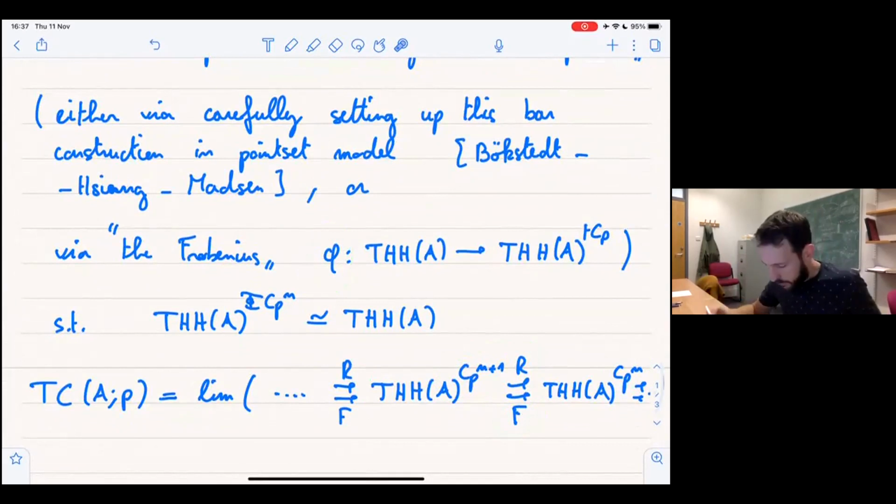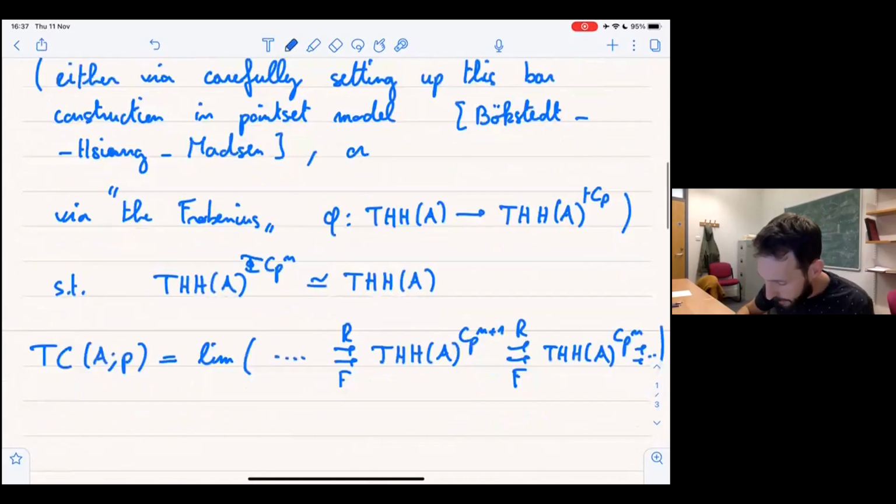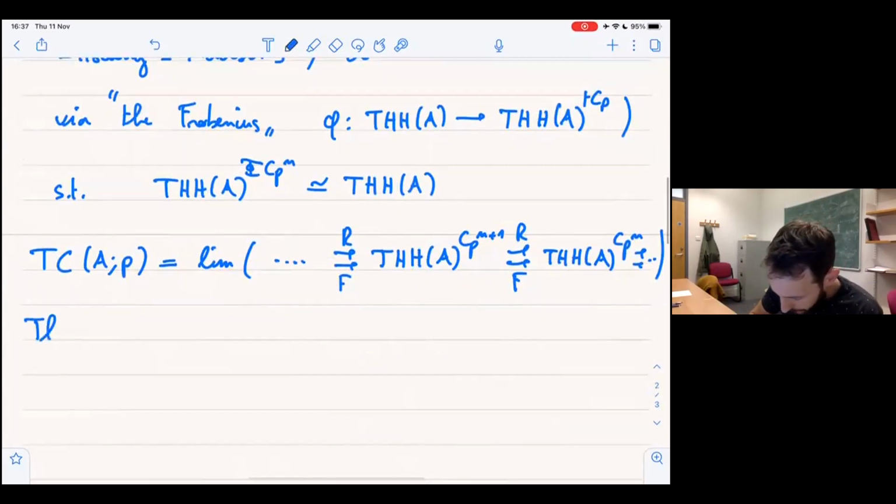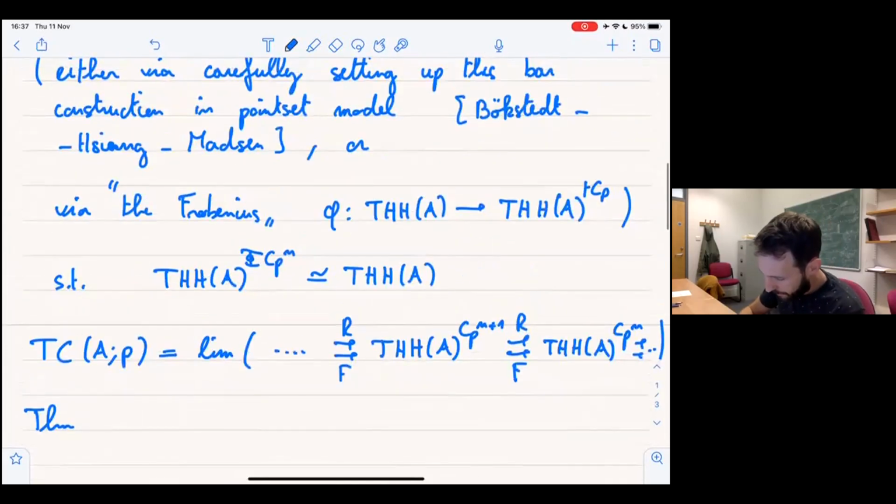And right, so this was the classical definition of Bökstedt, Hsiang, and Madsen, and then Nikolaus and Scholze came up and realized that there is a way of describing this without talking about these genuine fixed points.